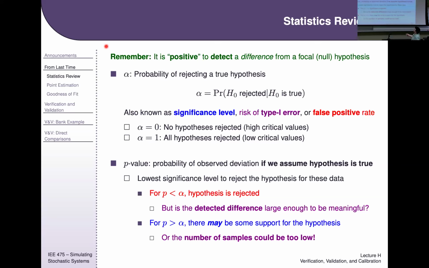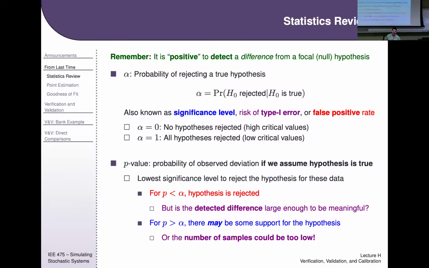So alpha, the type 1 error rate, is a way to tell us how much error we want in terms of how many false positives we get. A false positive has to do with when the null is true, so when the normal thing is true, how often do you look at the data and say, these data are weird, there must be something different going on here?